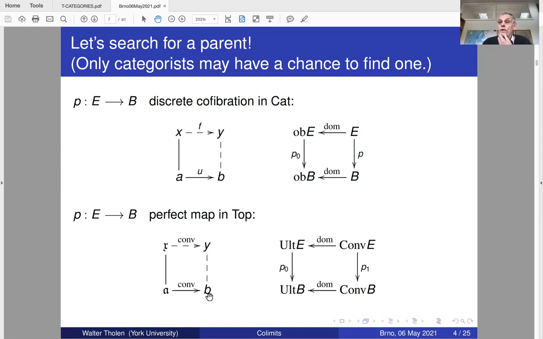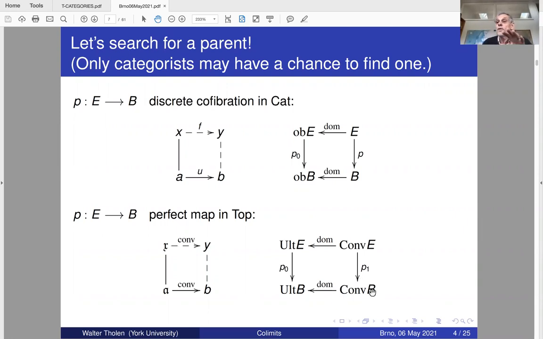You can express it again as a pullback property in sets. So we have an ultrafilter X up here being thrown down to an ultrafilter here. And what is conv B?